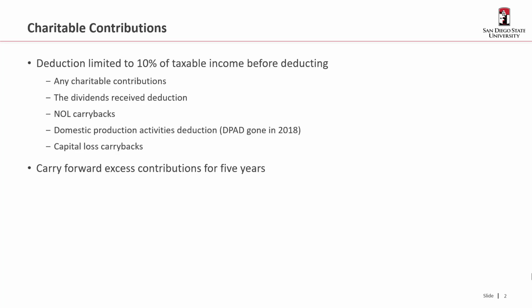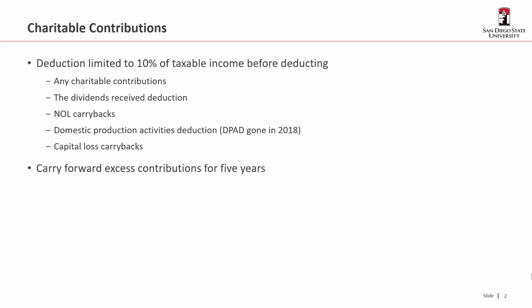Okay, so the deduction is limited for a corporation to 10% of modified taxable income. And that modified taxable income is calculated before deducting, of course, the charitable contribution. It's before deducting the dividends received deduction, which we're going to get to in another video or so.